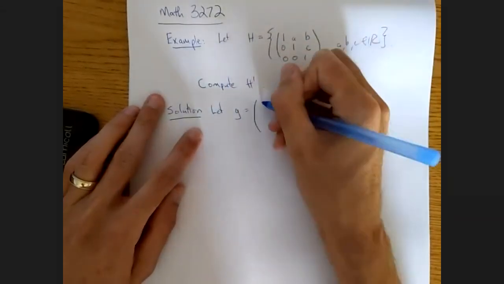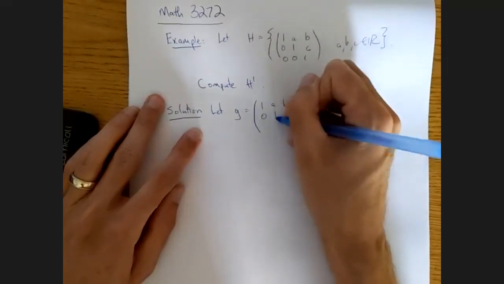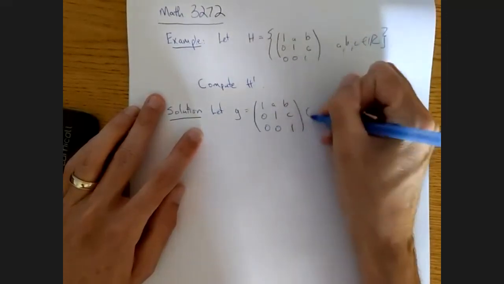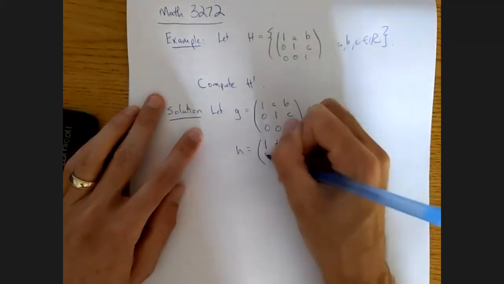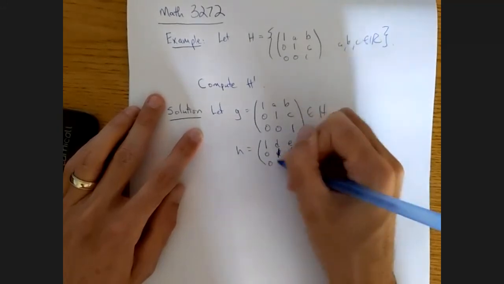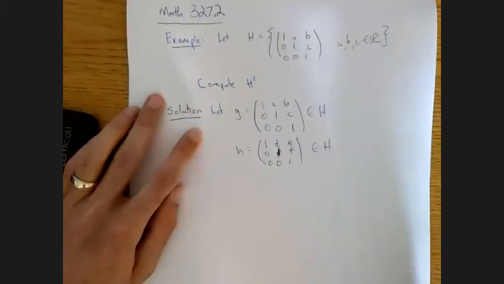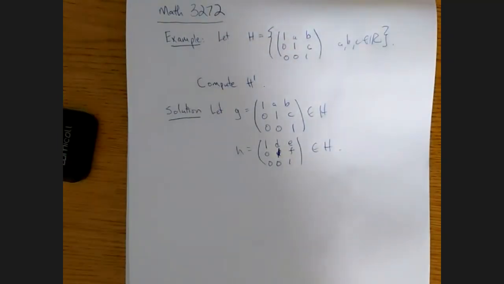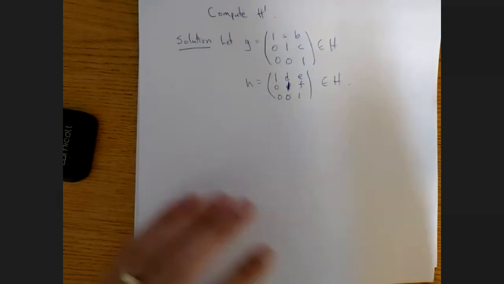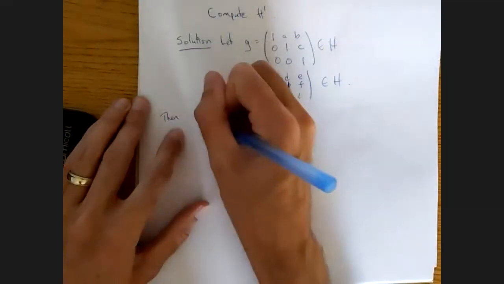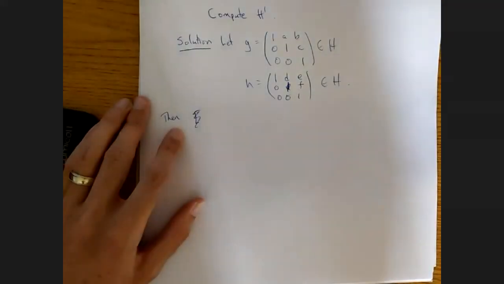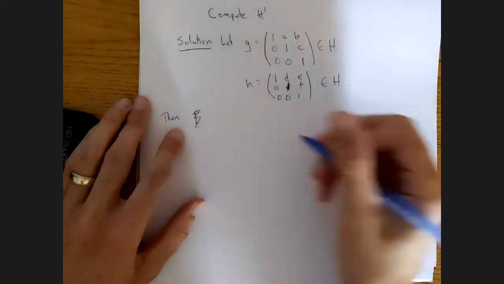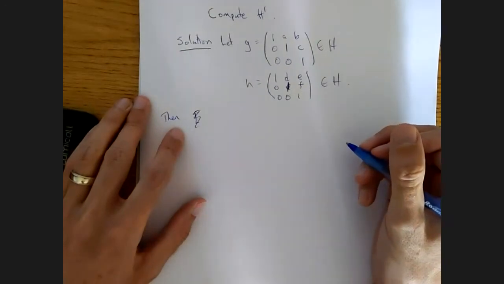So let G be an element of H, and H be another element of H. We have to compute the commutator of G and H. Let me just do that by hand. So we have to find G inverse.